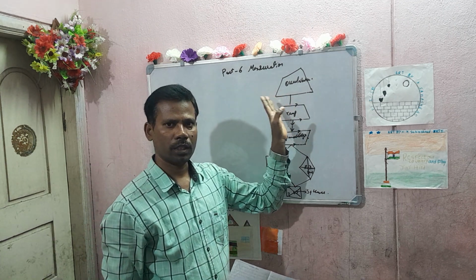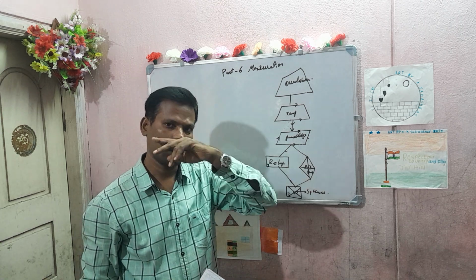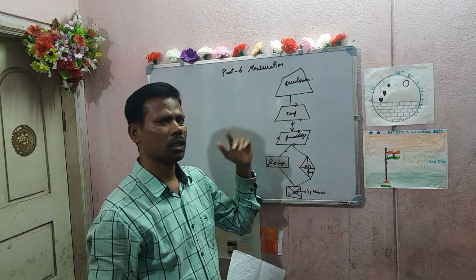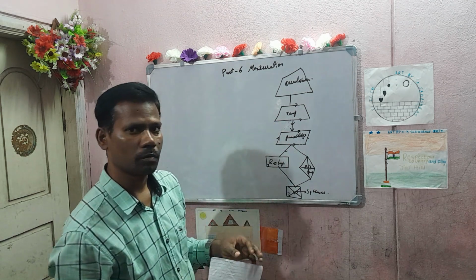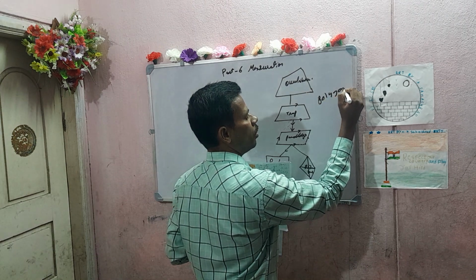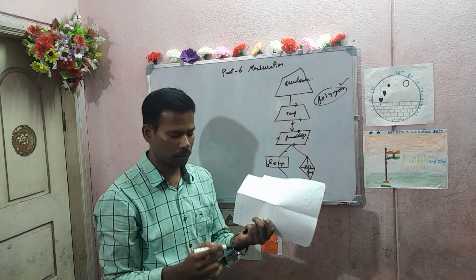Like that, a simple 4-sided figure is a quadrilateral. Polygon means having more than 3 sides. Polygon we will discuss later on. Quadrilateral done. Next, coming to trapezium.